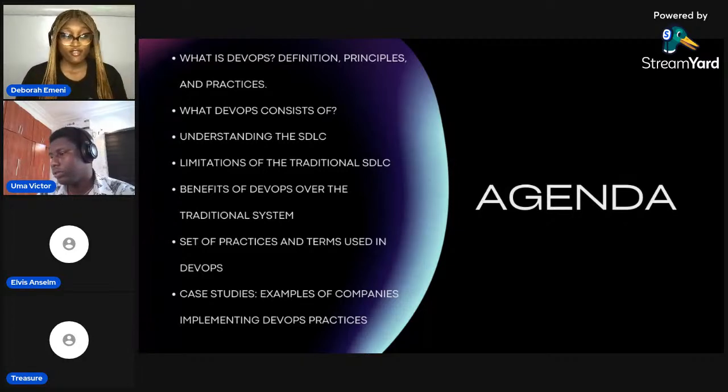I will talk about the benefits that DevOps offers over the traditional software development life cycle process. I will discuss the set of practices and terms used in DevOps. I will discuss case studies and real-life examples of companies that are actually using DevOps today. That's basically what I'm going to cover in my own session.